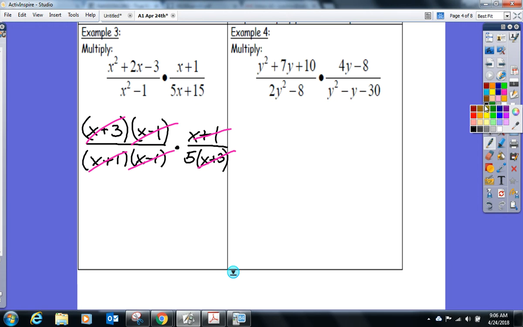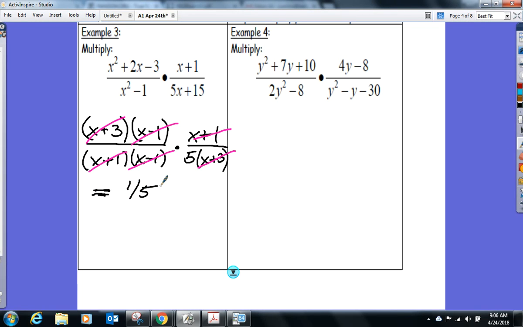I'm hearing 1/5. If you cross out everything in the numerator, you're still left with 1. And in the denominator, 5.